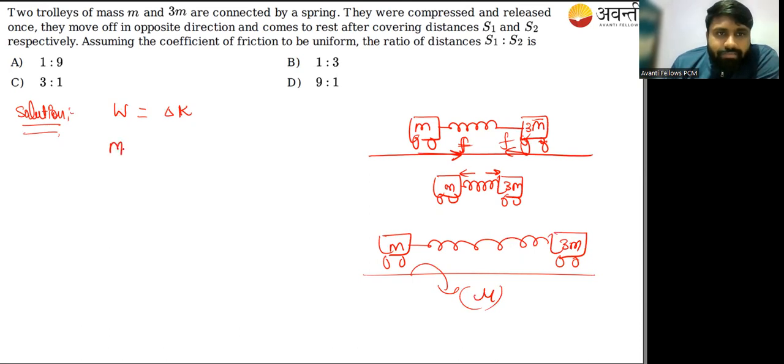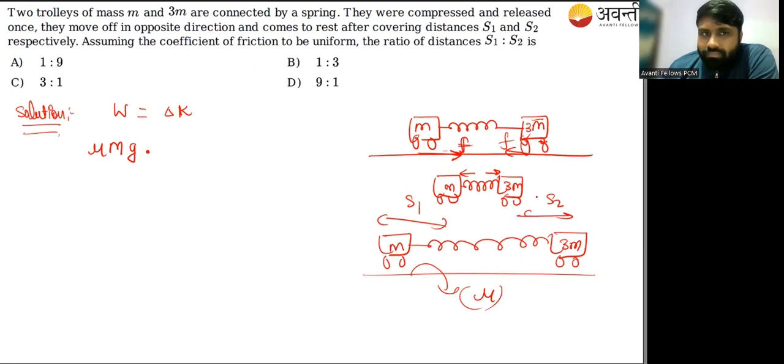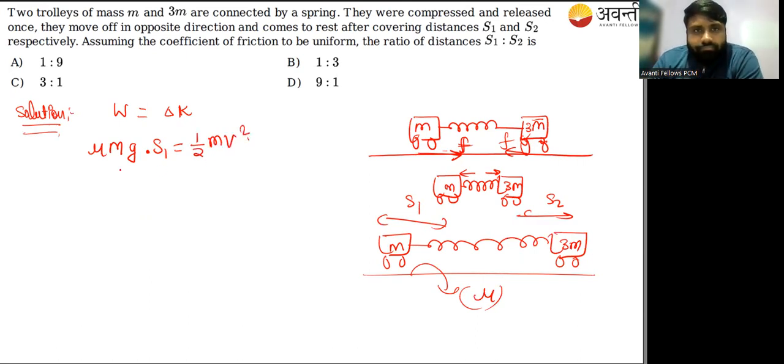So work is done by friction, which is mu mg into the distance traveled, let's say s1 for one and s2 for the other, and it will be equal to 1 by 2 mv square.